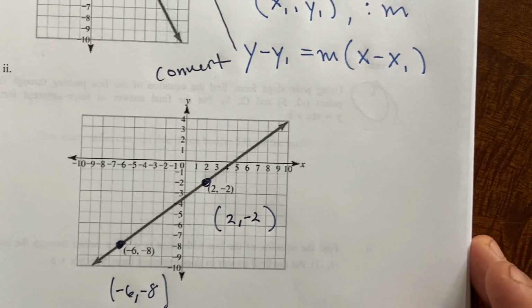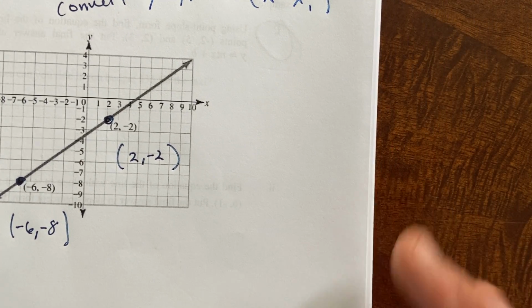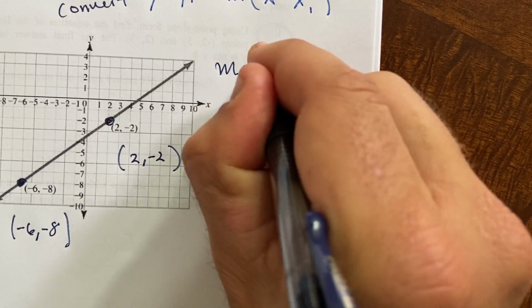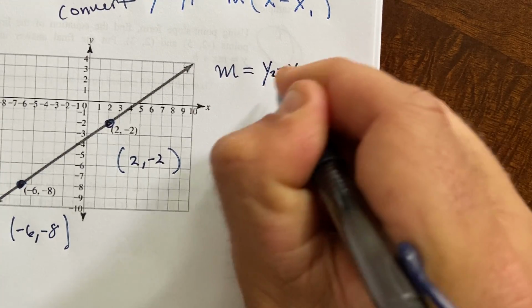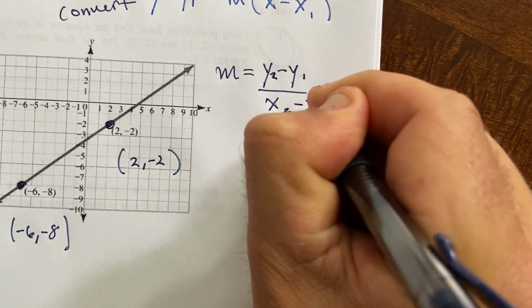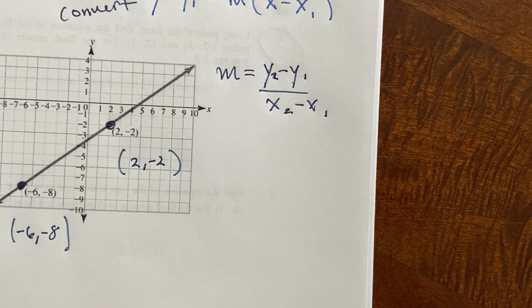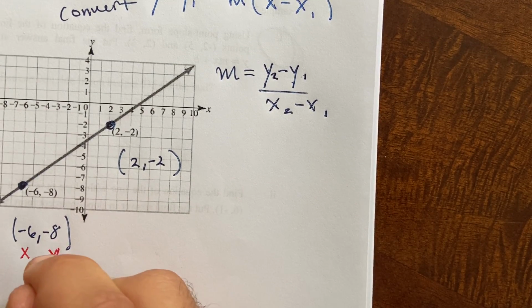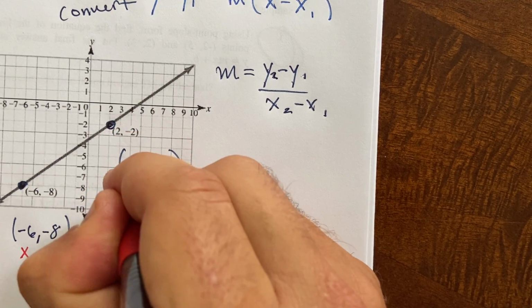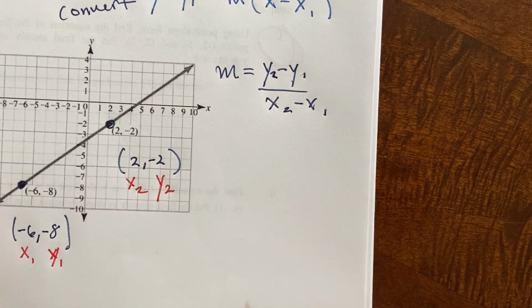So first I'll use the slope formula. I'll call this my first point, and I'll call this my second point. So this is x1, y1, and this is x2, y2.